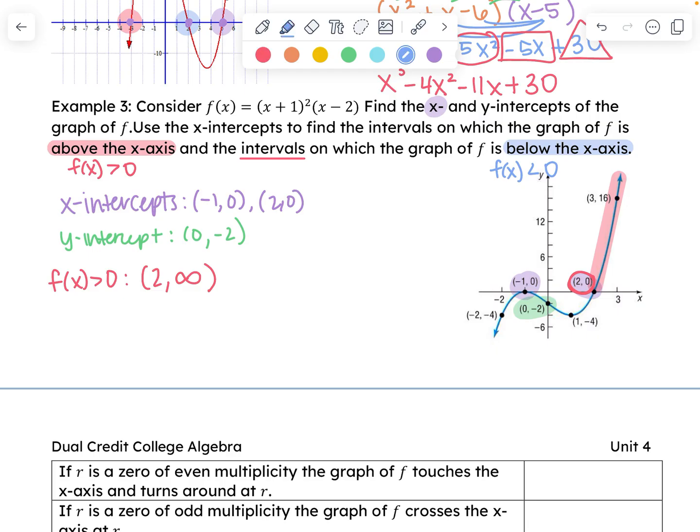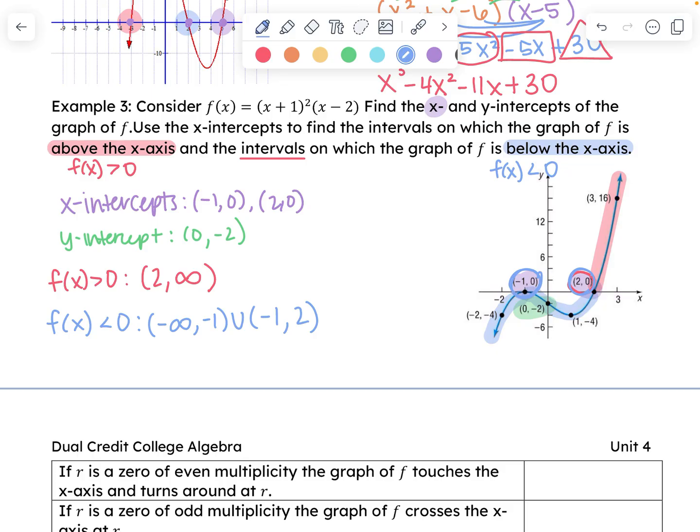Where it's below the axis is everything on the left here, and then in between those two x-intercepts. So when I'm writing where f of x is less than 0, I have to use a union here. I would go from negative infinity until I hit that point at -1, and then union -1 until I hit my other x-intercept at 2.